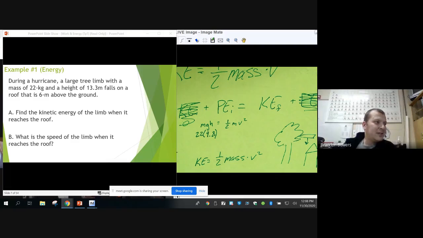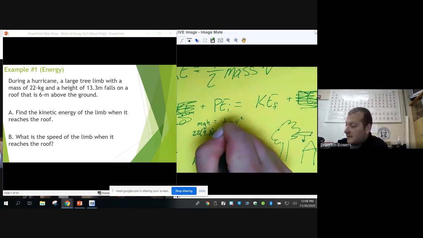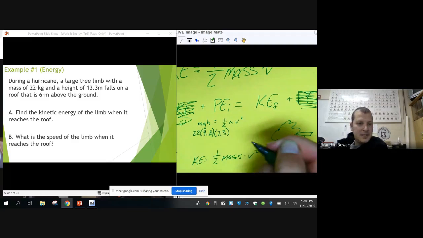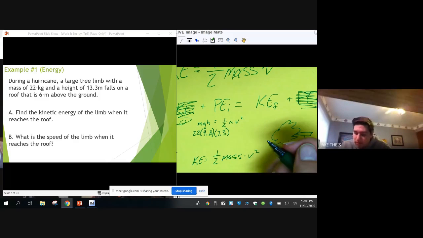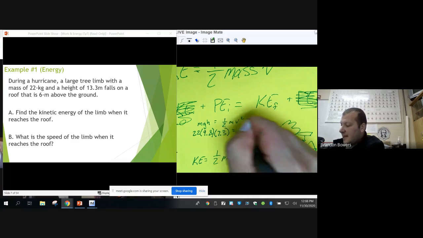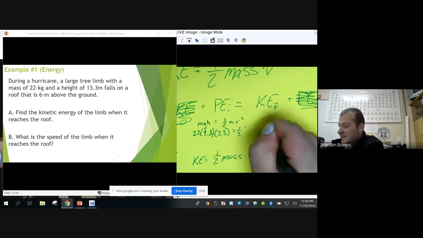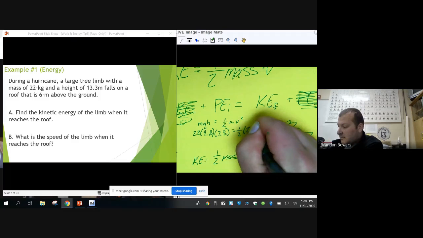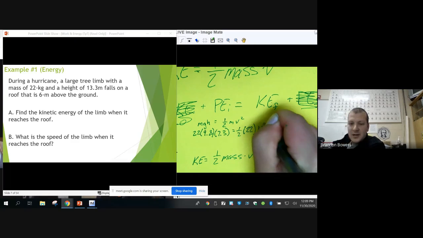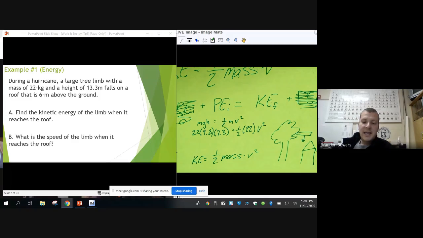How far did the tree or limb fall? 7.3 feet. You're exactly correct, 7.3 feet. Or, should be meters. That's okay. Which is equal to half the mass, the mass was 22, times velocity squared. And from that, we should be able to calculate the velocity.